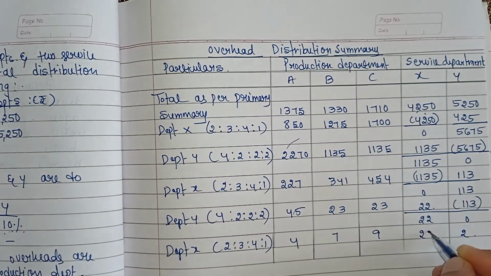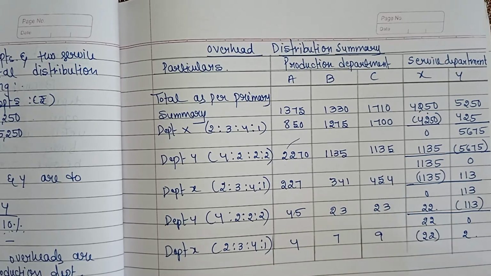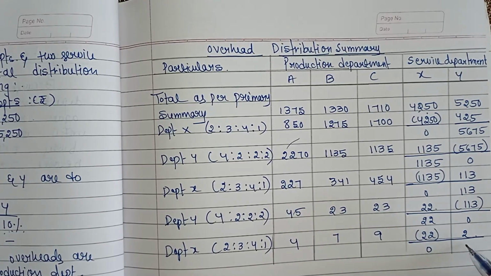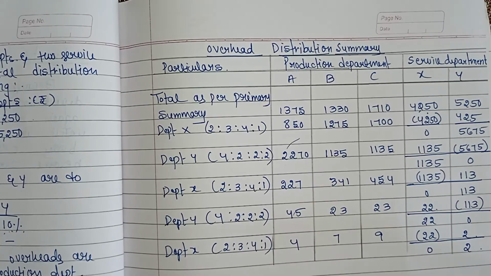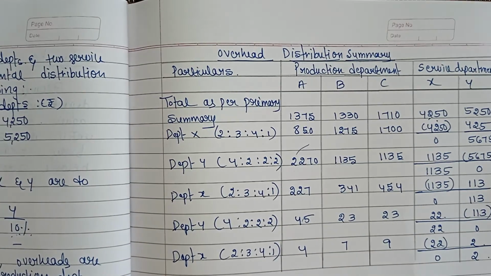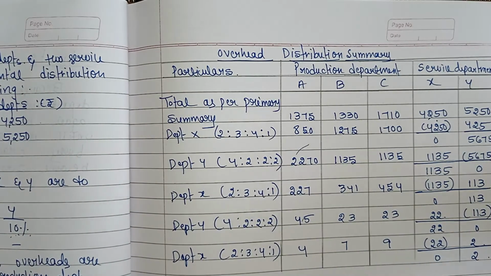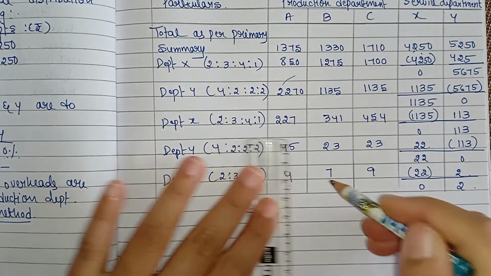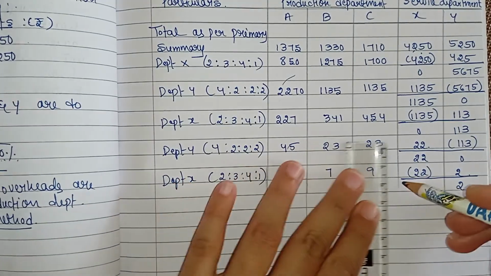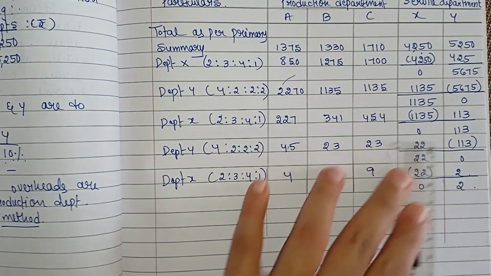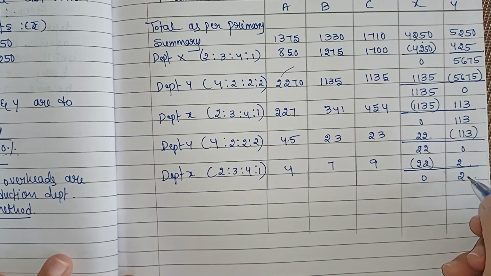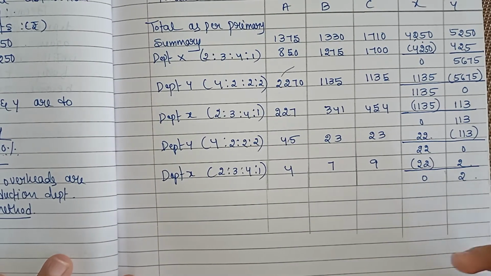Here now X department redistributed all its overheads. Now again total it. Here 0 X department and here Y department overhead is rupees 2. Now we need to redistribute Y department's overheads.